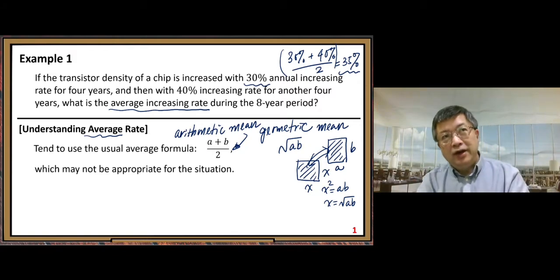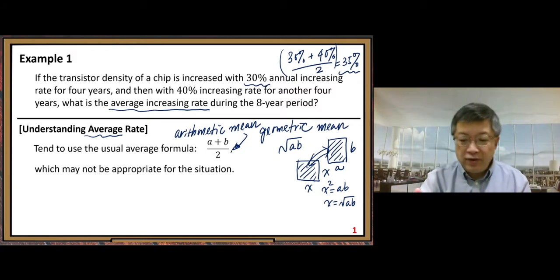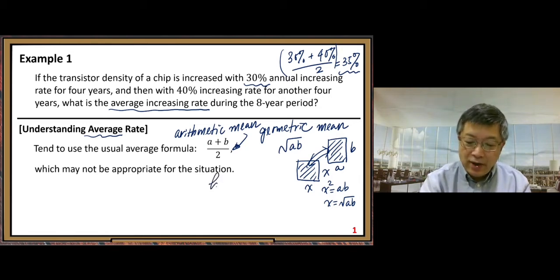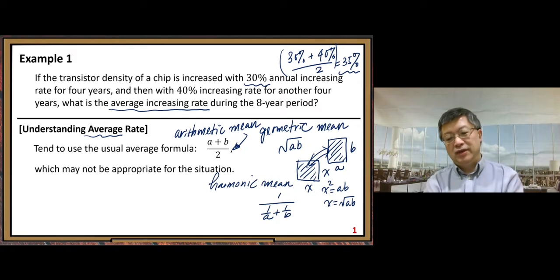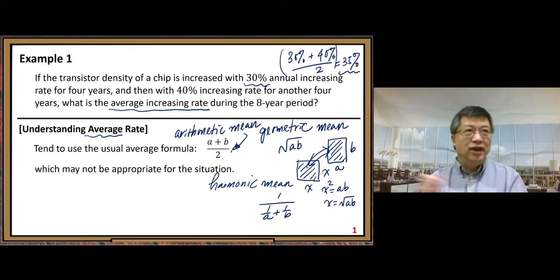And the third one, another average, harmonic mean. Have you heard of that? Harmonic mean: 1 over A reciprocal plus B reciprocal. So that's another special type of mean.